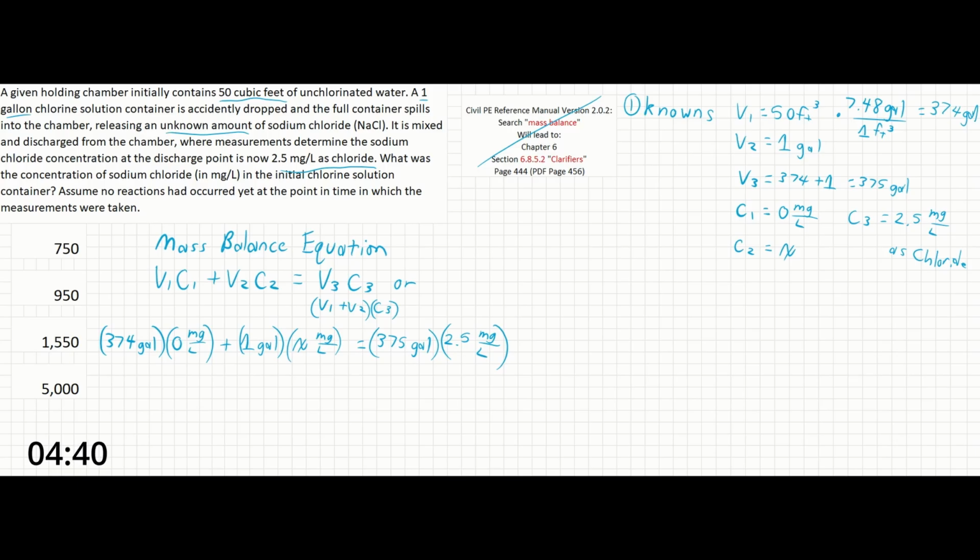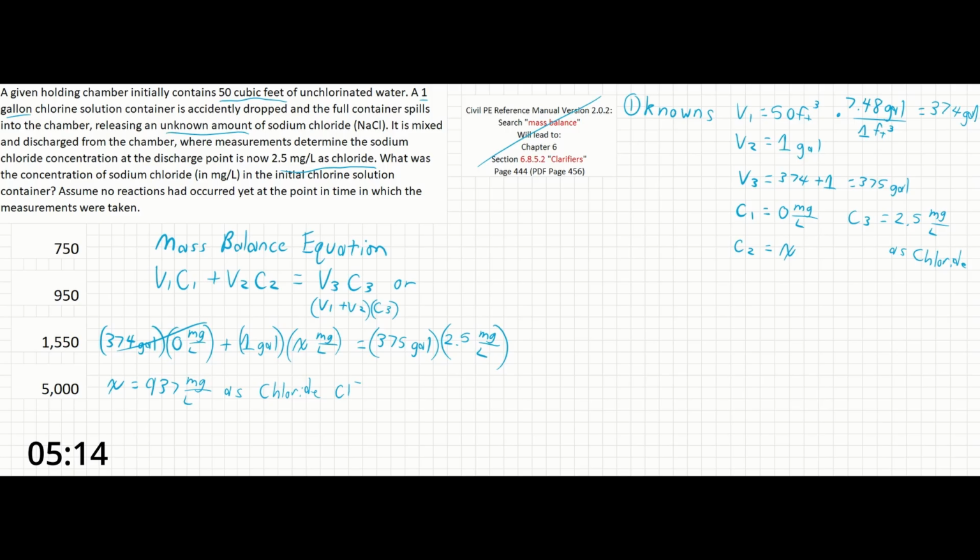So our first part of the equation will go to 0, and multiplying this out and simplifying will give us an X equal to 937 milligrams per liter as chloride, or Cl minus. In the original version of the problem that I posted, this was my final answer.